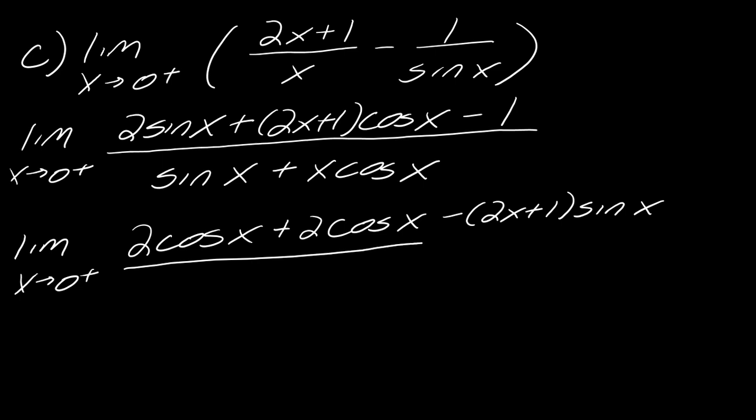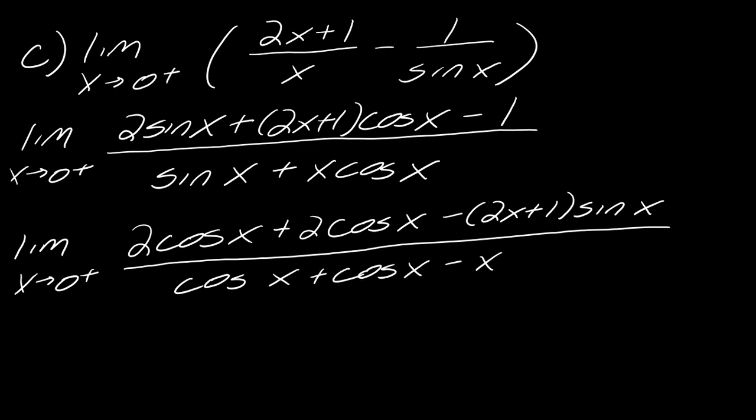Now working on the bottom, this will be cosine of x plus cosine of x minus x sine of x. Okay, so now we do the same process again. I'm not even going to try cleaning up the derivative in this case. I'm just going to see if plugging in 0 is going to work.